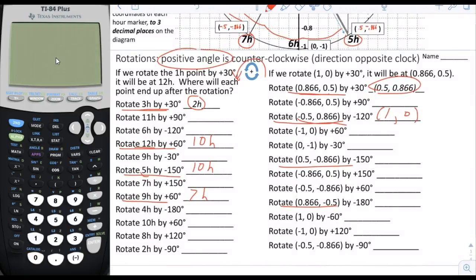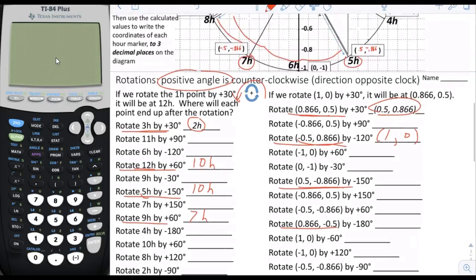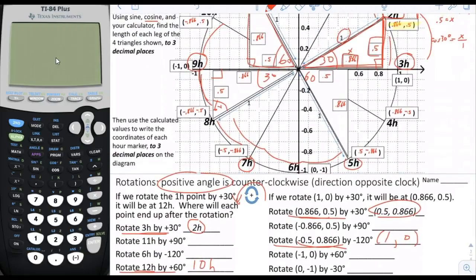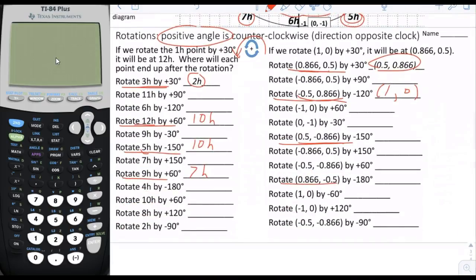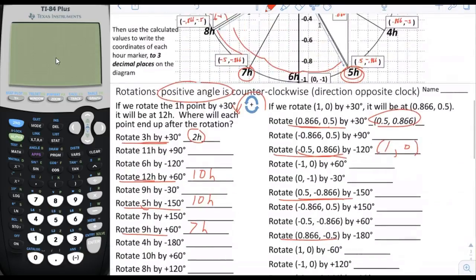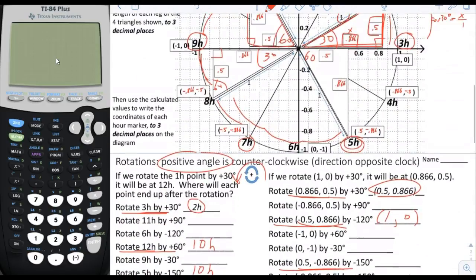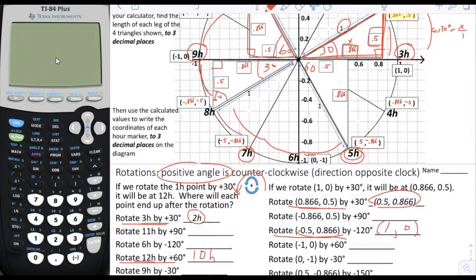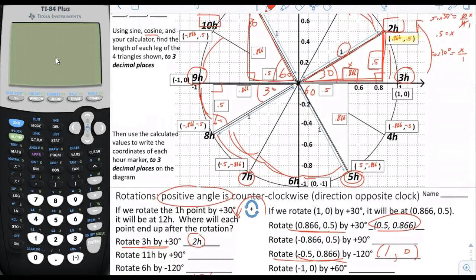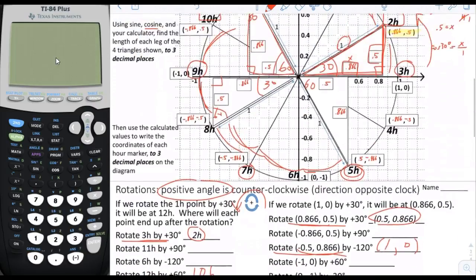Okay. What about rotating the 0.5, negative 0.866 coordinate? So 0.5, negative 0.866, that would be the 5 o'clock mark. And I'm going to rotate it by negative 150 degrees, so that would be clockwise 30, 60, 90, 120, 150, right?